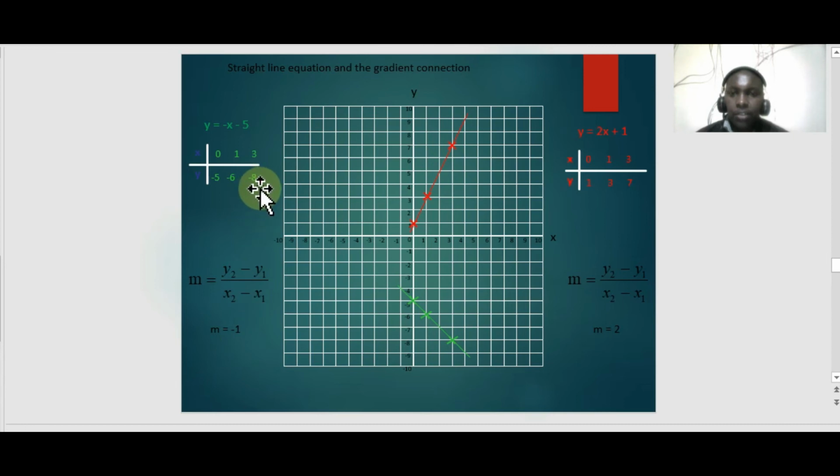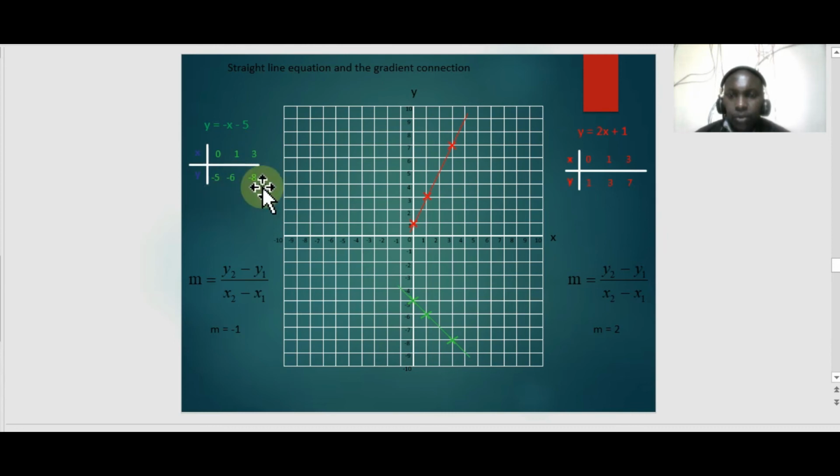I repeat, you get the change in y distance divided by the change in x. We have picked the points 3 and negative 8, and 1 and negative 6.